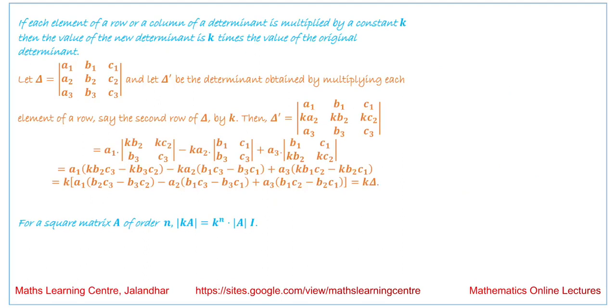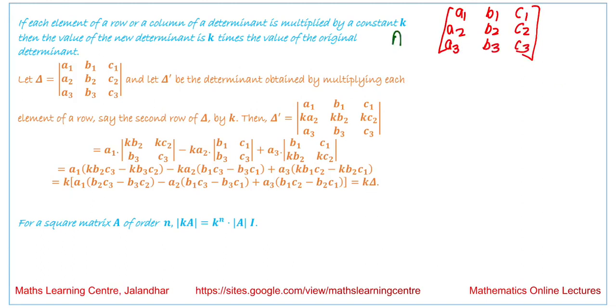Next is, if each element of a row or a column of a determinant is multiplied by a constant k, then the value of the new determinant is k times the value of the original determinant. Suppose I am talking about a matrix A with rows A1, B1, C1, A2, B2, C2, A3, B3, C3.